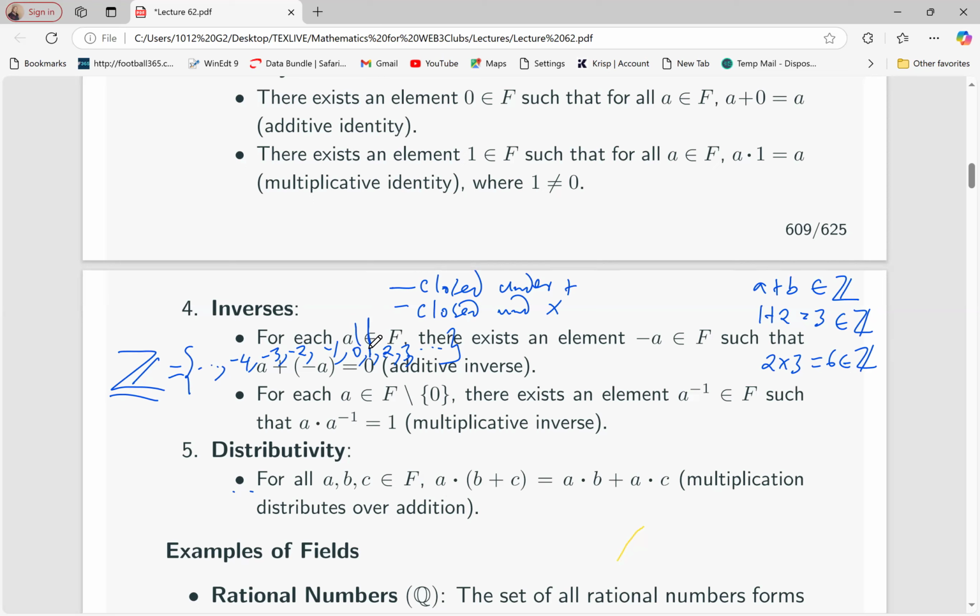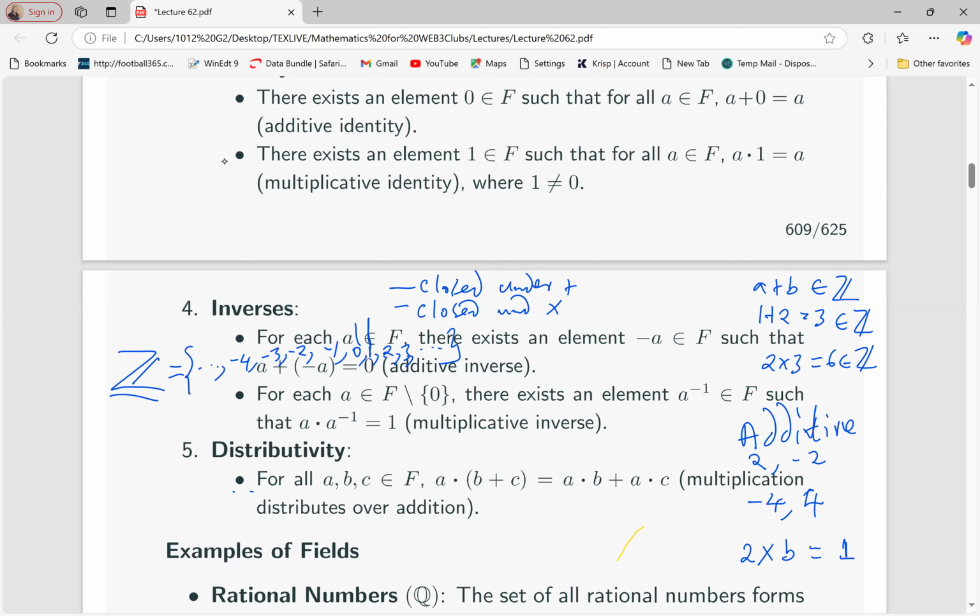But where it fails is the inverses. You can see it has the additive inverses. For instance, 2 has an inverse -2, and -4 has an inverse, which is 4. But it fails to have multiplicative inverses. For instance, I cannot see an element which, when multiplied by 2, gives me 1.